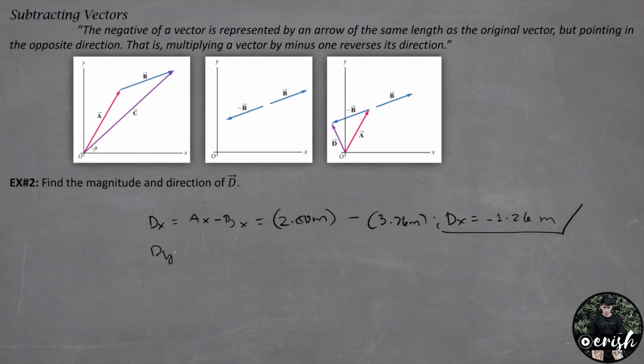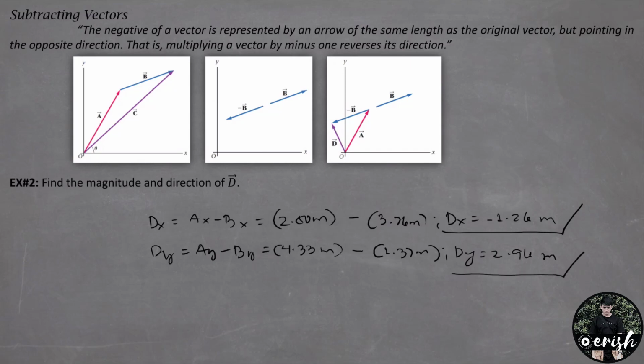For dy, it is ay minus by, and this is 4.33 meters minus 1.37 meters. The value of dy now is equal to 2.96 meters.